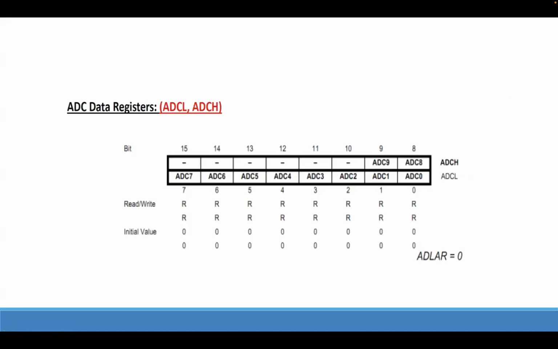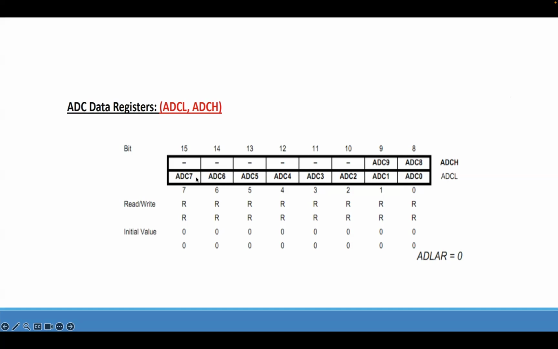Because the ADC on the ATmega32 is a 10-bit ADC, and our ATmega32 is an 8-bit microcontroller, which means that the size of the registers in memory is 8 bits. So the 10 bits will not fit in one register. For this reason, the result is divided into two registers.